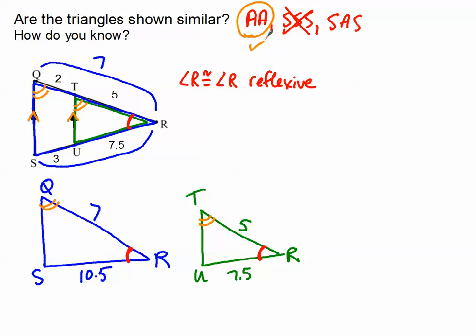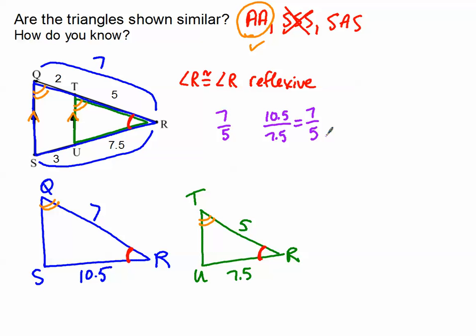Well, what if we wanted to use side, angle, side? We could have done that too. Let's look at the sides that correspond, the small side with the small side. Well, what's 7 over 5? That doesn't reduce, that's 7 over 5. How about we try the long side, 10.5 over 7.5. Type that in, that reduces to the same fraction, 7/5.